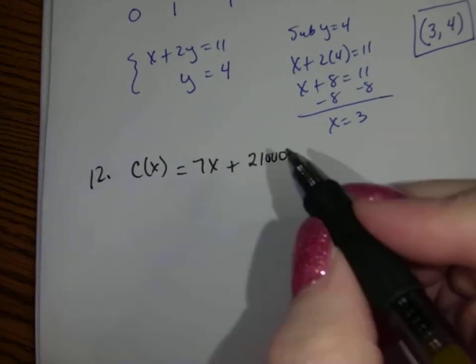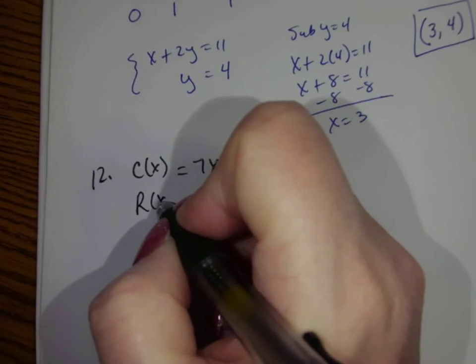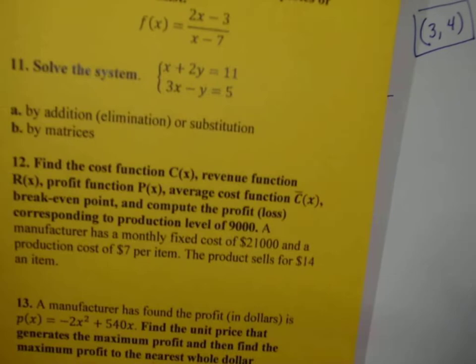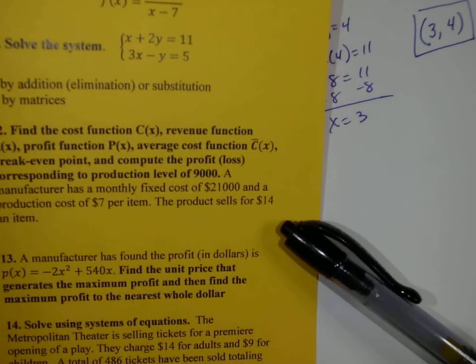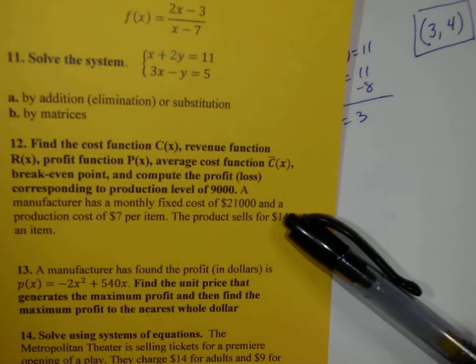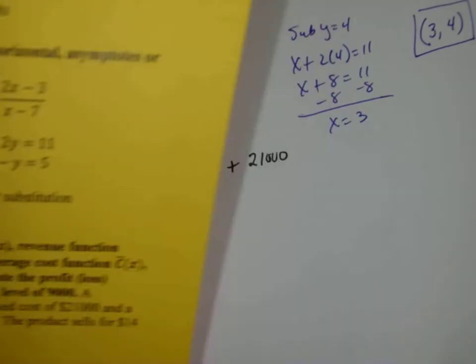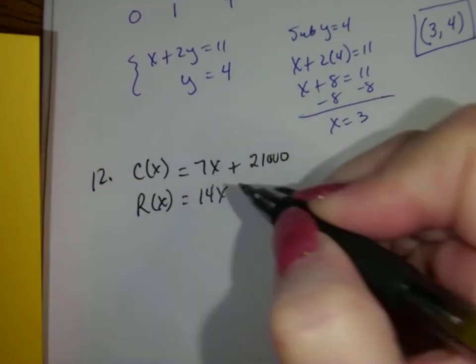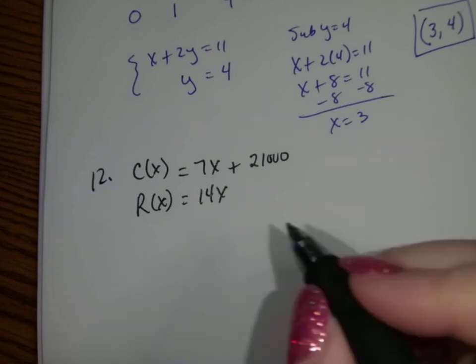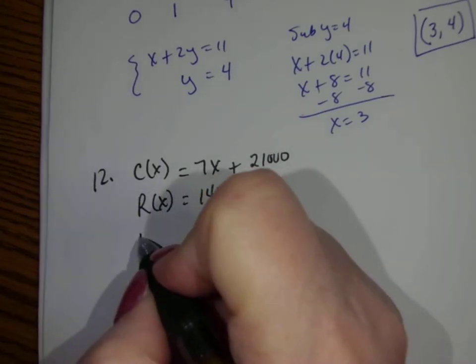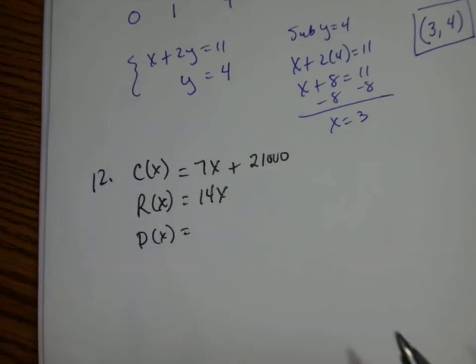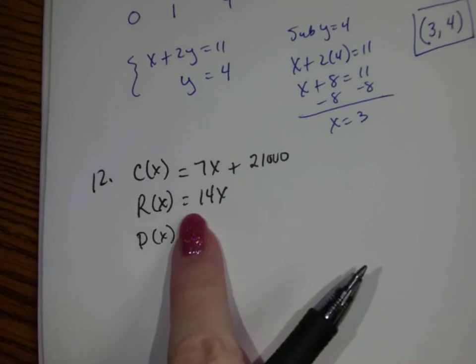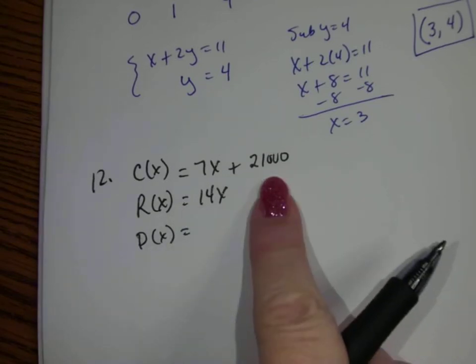All right, our next thing that we needed to find was the revenue function. And the revenue function is going to be what our product sells for. It sells for $14 an item. So this will be 14x. Our profit function is our revenue minus our cost.